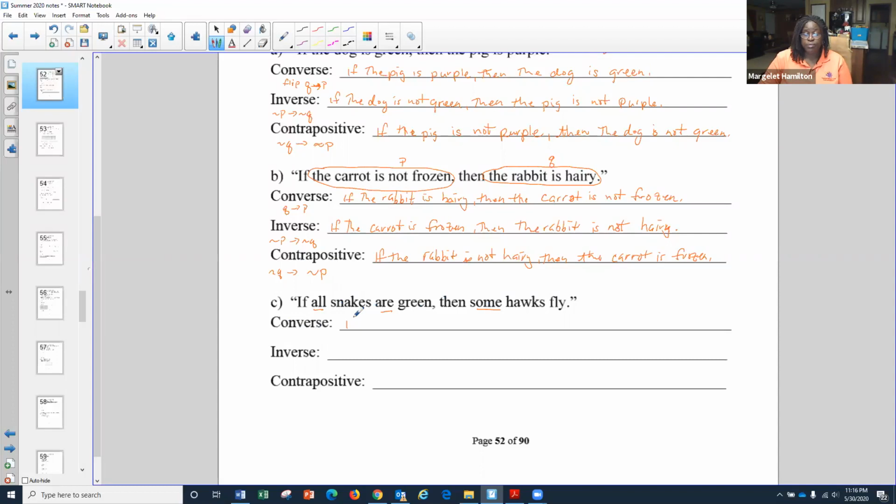So if some hawks fly, then all snakes are green. Okay.